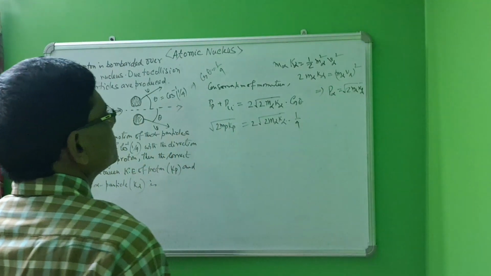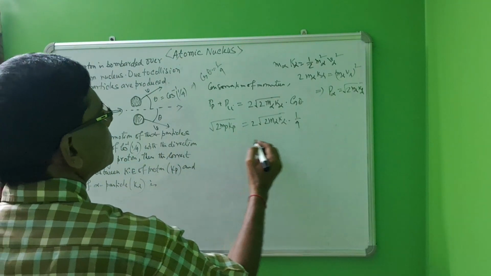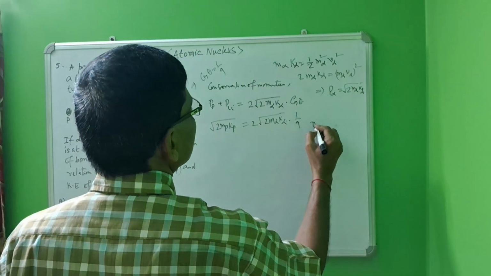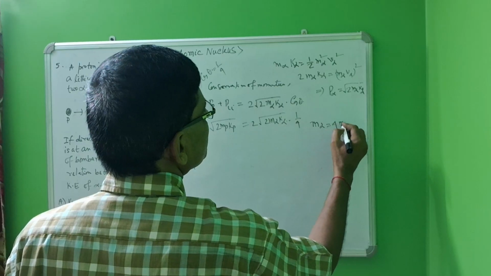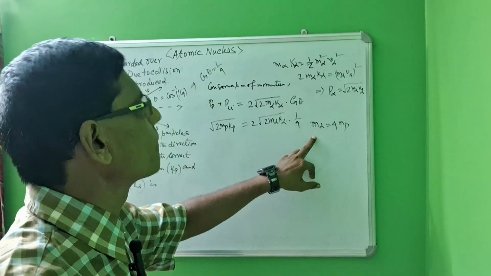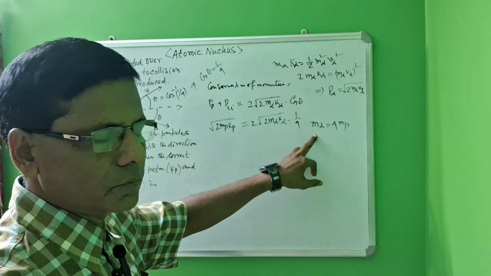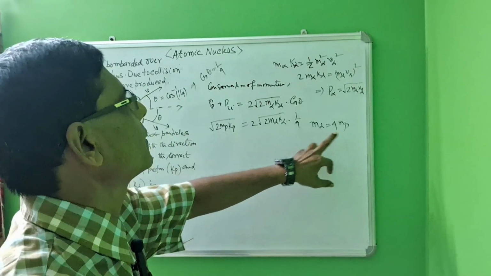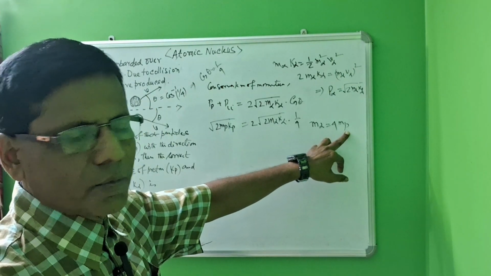Now we know m alpha equals 4 times mp. m alpha is the mass of the alpha particle, and mp is the mass of a proton.